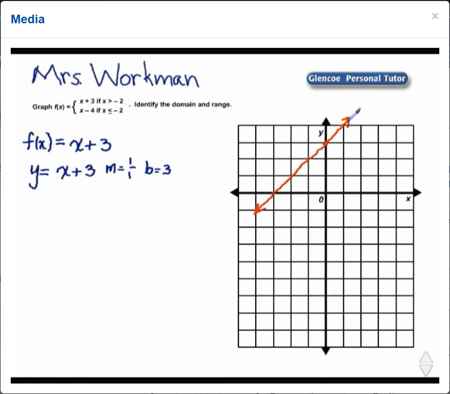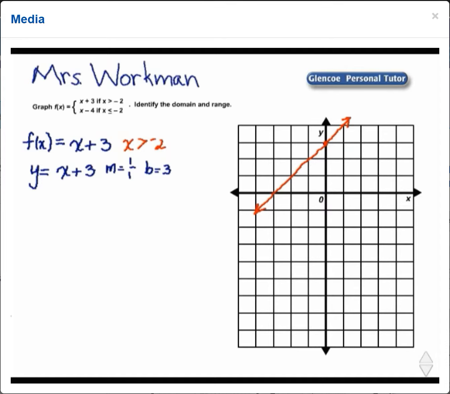Okay, however, we're told that f of x is equal to x plus 3 if x is greater than negative 2, which means right here x is negative 2. We're allowed all these x values, which means we were allowed all these corresponding y values, but none of these.